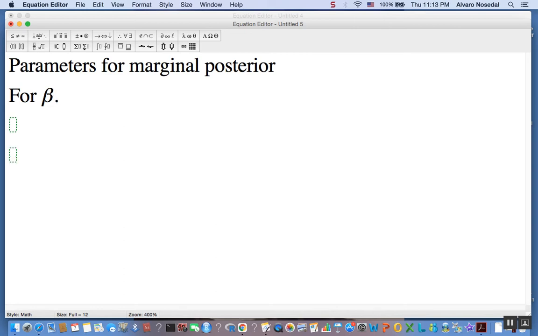Remember that when we talked about those, we introduced the concept of precision. The precision is the reciprocal of the variance.